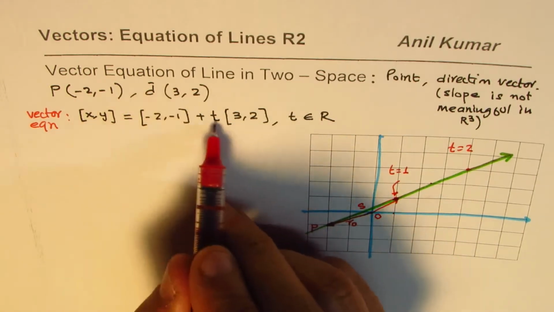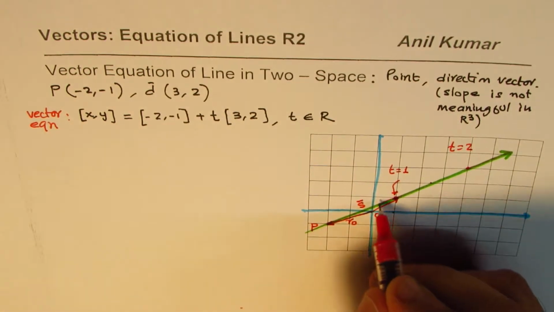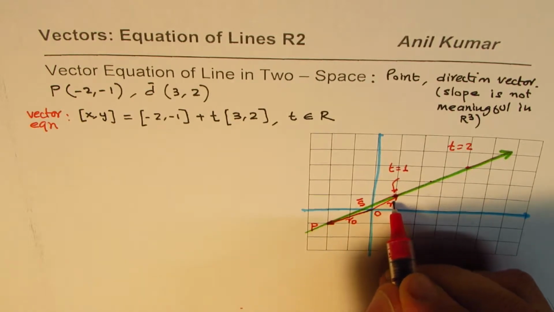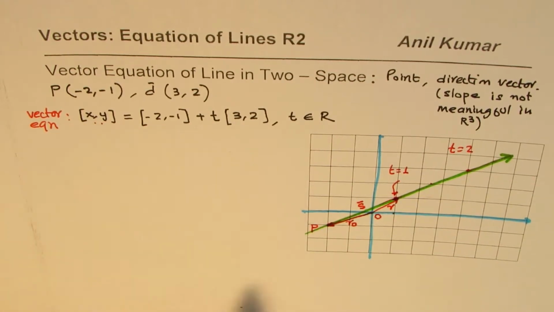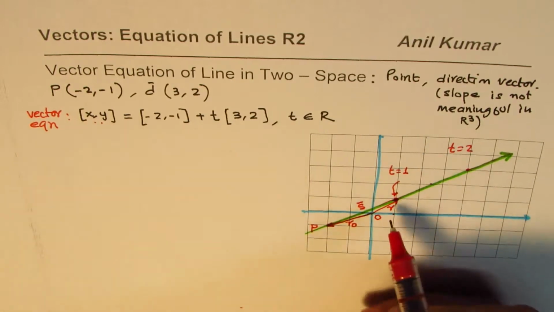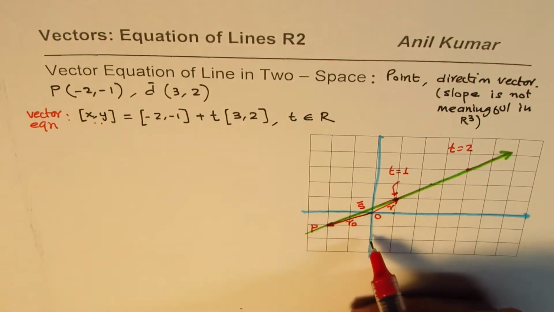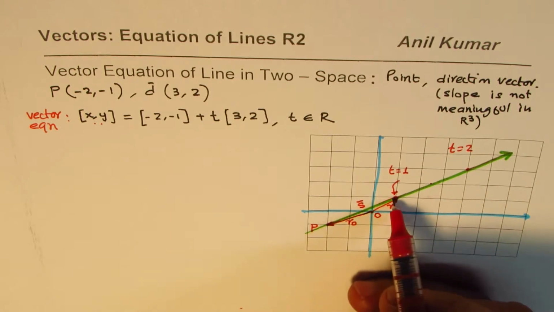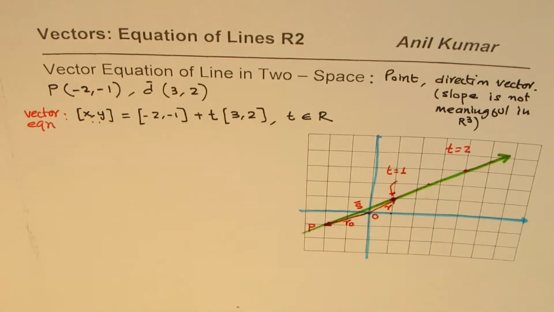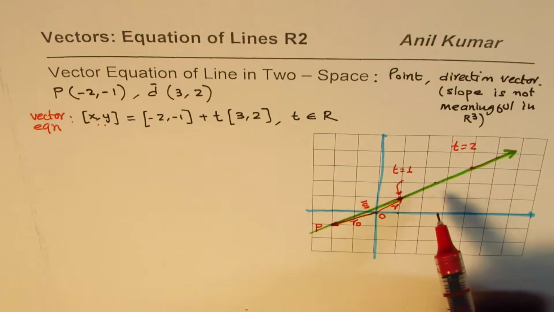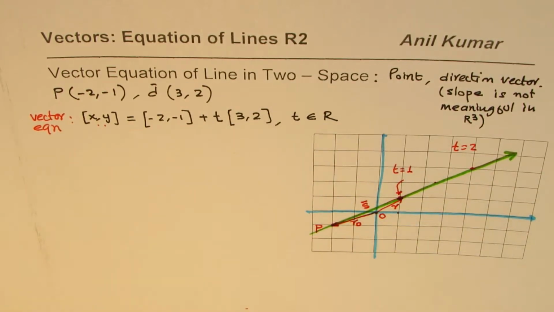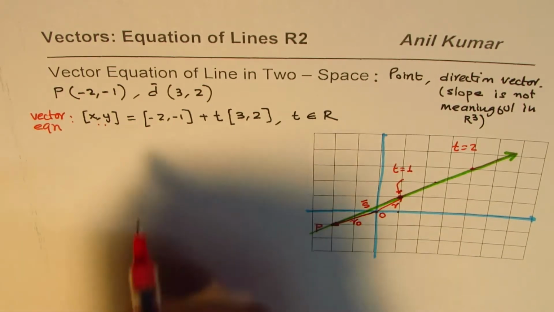So this is the vector S, t times the direction, and that's the resultant R. This is the point x, y. We get the coordinates of this point by adding these two vectors. I hope you get the concept, right? So I could get more points by adding these. That's what it is, and this is called the vector equation.